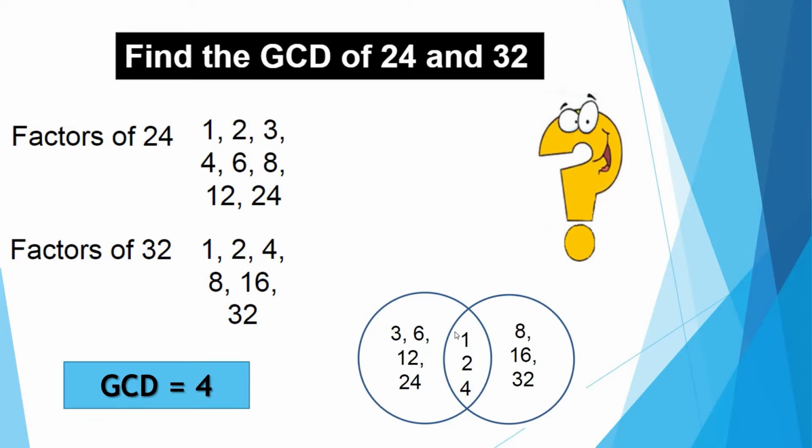And in these three common factors, we can see that the number 4 is the highest of these three factors. So, 4 is going to be the greatest common divisor or the highest common factor of 24 and 32. Hope you have understood. If not, please go back and replay the video twice or thrice for better understanding.